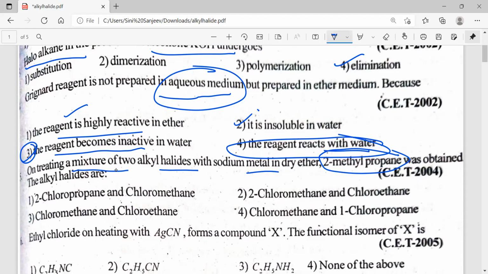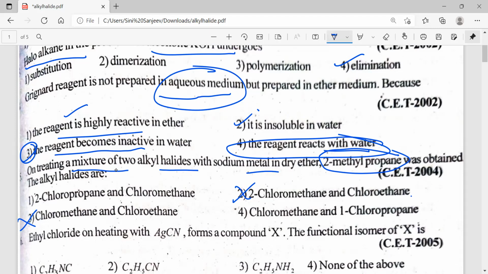Obviously we know it is chloromethane and chloropropane, but we have to know which, because the first option is 2-chloropropane and chloromethane. Second one, chloromethane, chloroethane. So I can cancel out option 2 and whichever is having ethane. So it is between option 1 and option 2.